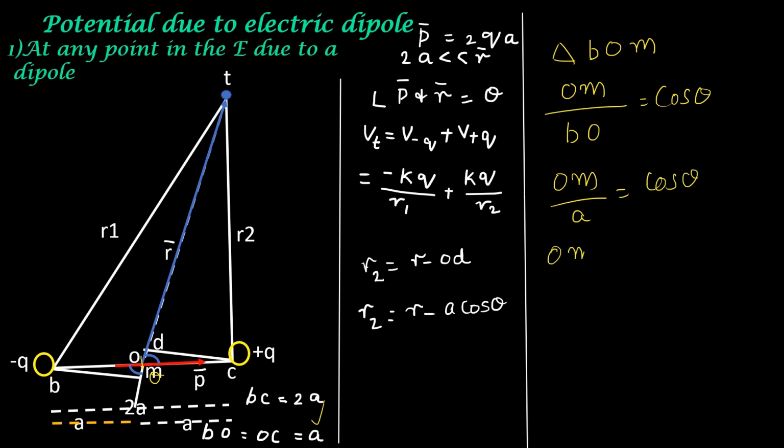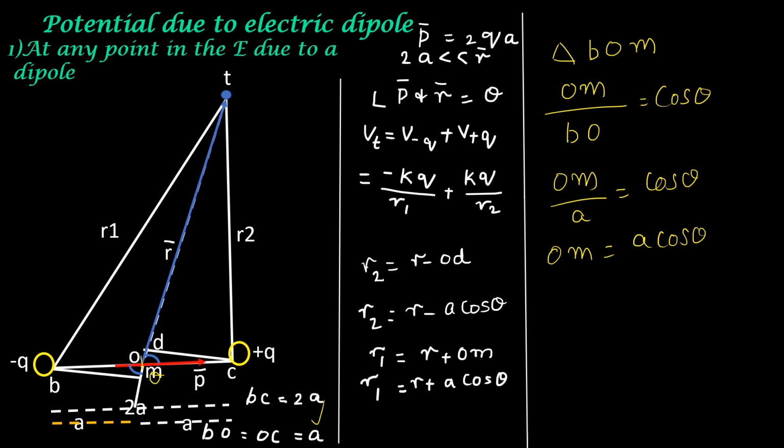So OM is equal to A cos theta. You get the value of OM. R1 is equal to TM equal to R plus OM. Substituting for OM, you get R1 is equal to R plus A cos theta.